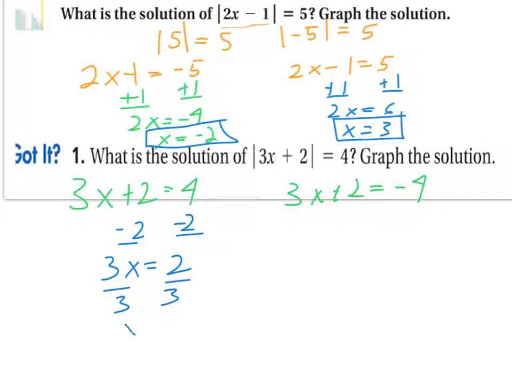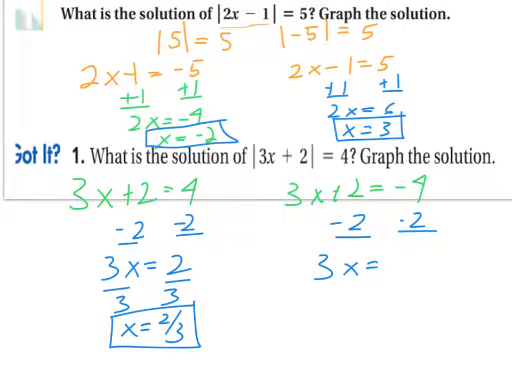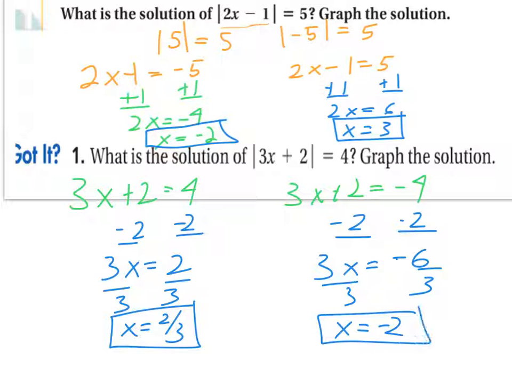Here we'll divide by 3. So we want the 3x plus 2 to equal 4 and to equal negative 4, because when we take the absolute value of both of those, we get a positive 4. And so hopefully you came up with 2/3 and negative 2 just like I did.